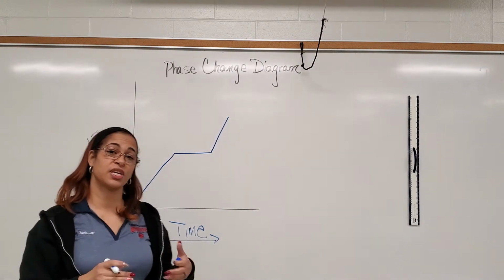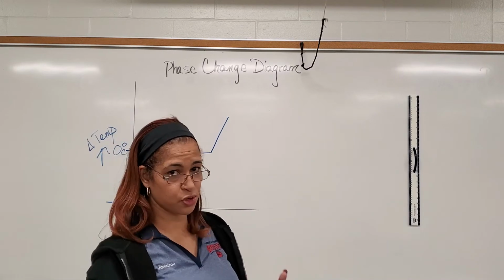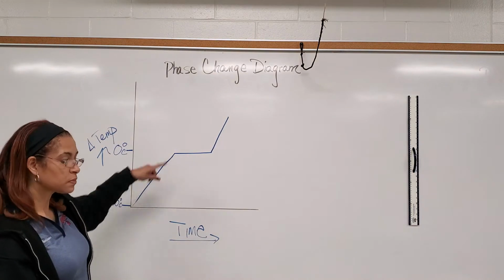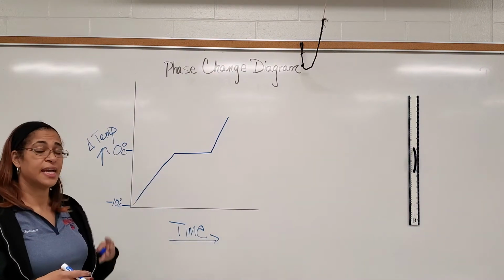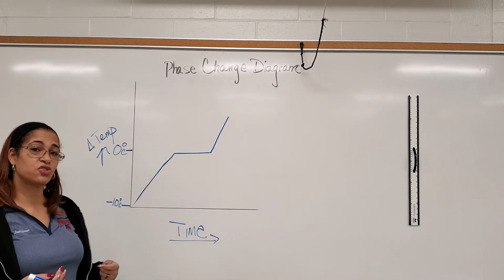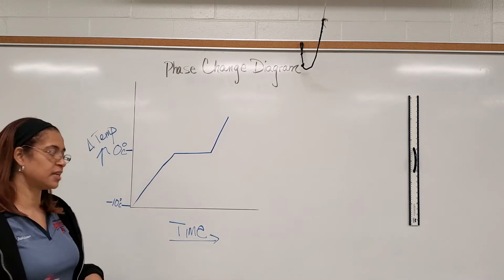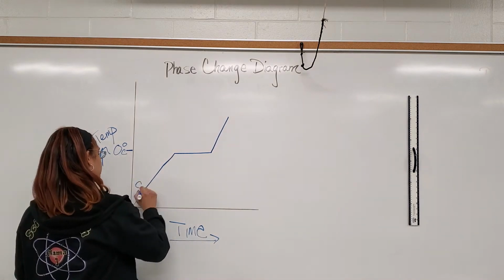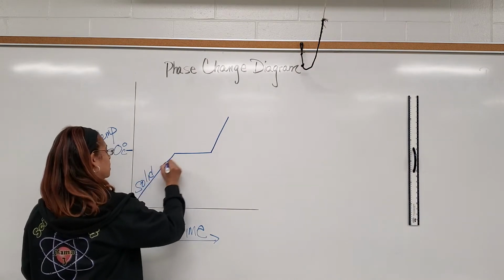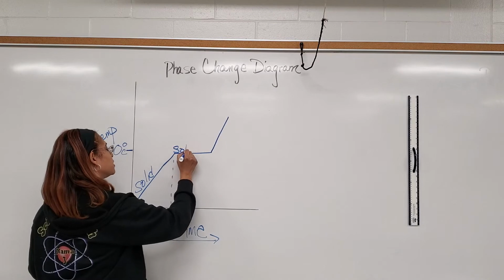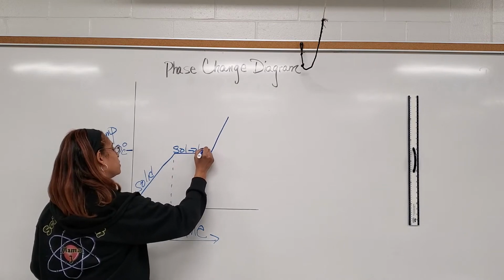So the energy has gone to changing the whole temperature of the system. But once you reach 0 degrees, now it shifts from changing the temperature of the system to changing the state of the system. So here we have a solid, and here we are changing from a solid to a liquid.